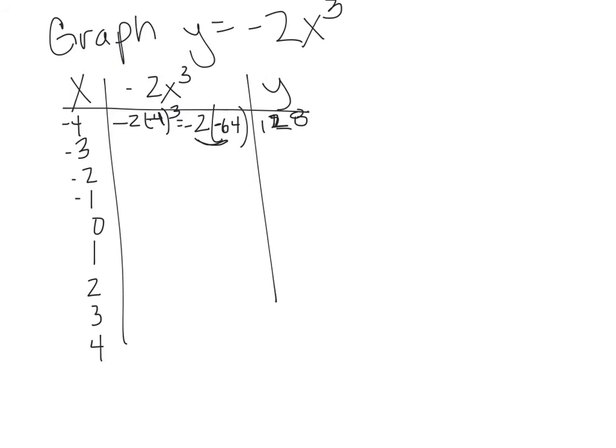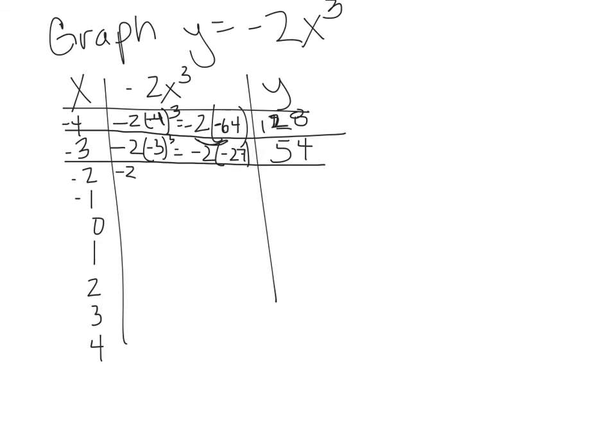So I'm just going to go ahead and repeat this. So this line, negative 2, plug in a negative 3 for the x. So negative 3 to the third is going to give me a negative 27 times negative 2. It's going to give me a positive 54. So we've already come down more than halfway.